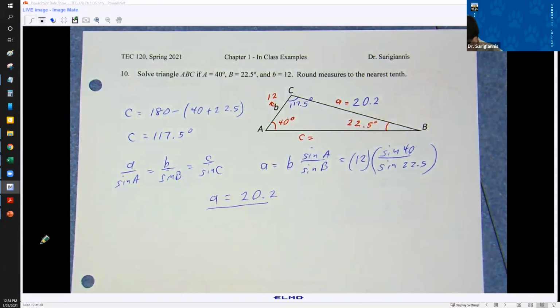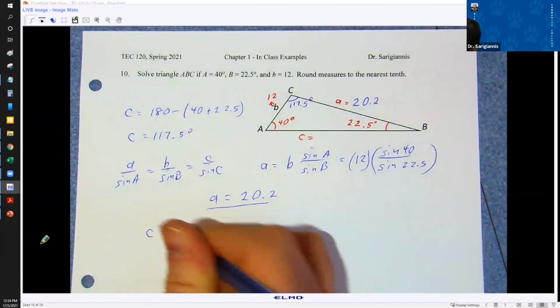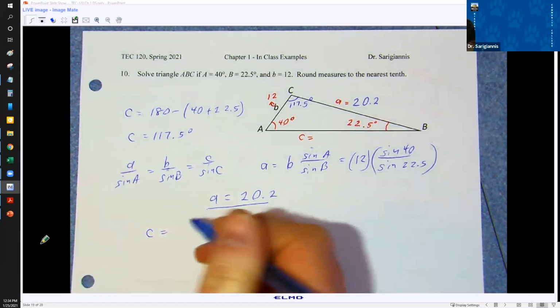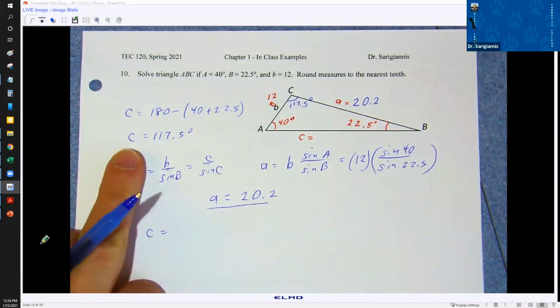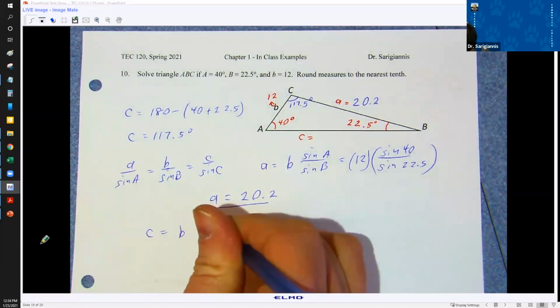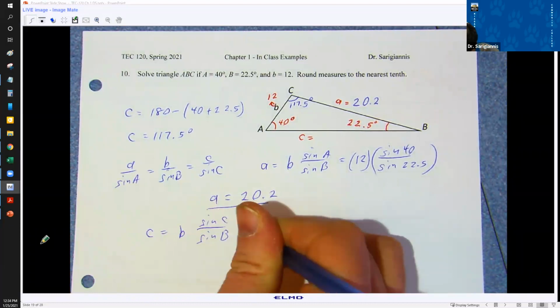And then finally we can do C. C is going to be, I'll use B again, B sine C over sine B. Or sorry, sine C over sine B, right?